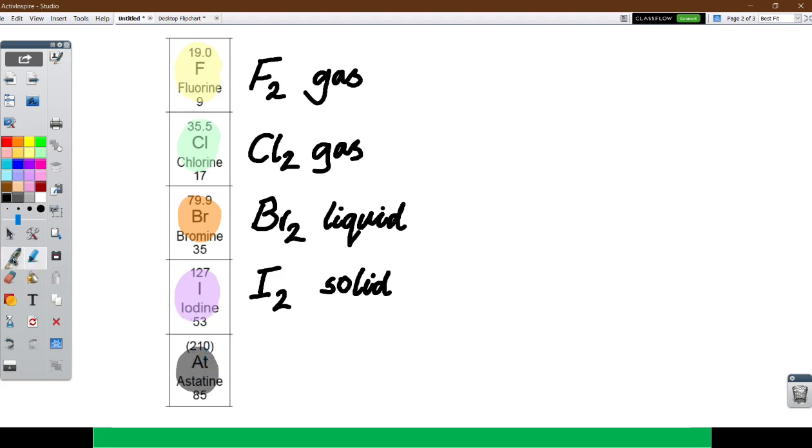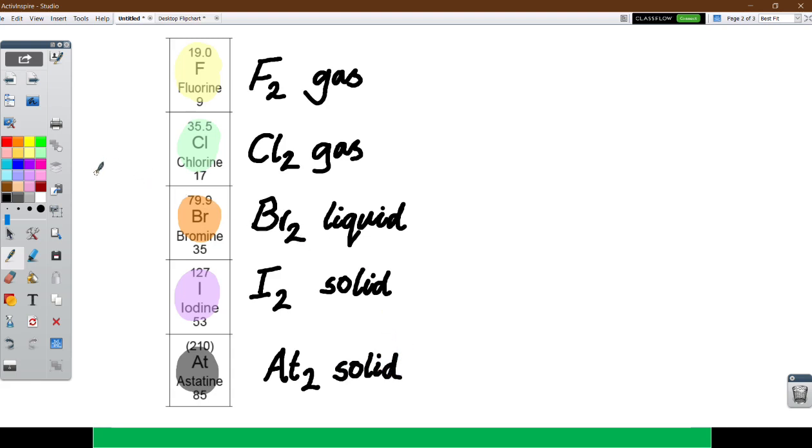So it's a little bit awkward to pinpoint iodine's color. Astatine at the very bottom of the group, extremely rare, highly radioactive, so we don't really come across it or deal with it much at all. However, it's a diatomic molecule. It's going to be dark in color, almost black, and again, it's a solid.